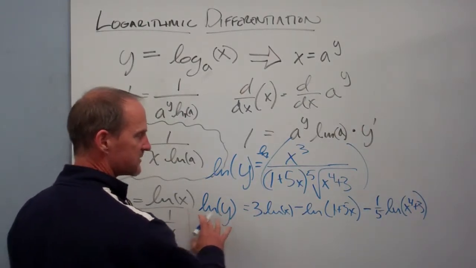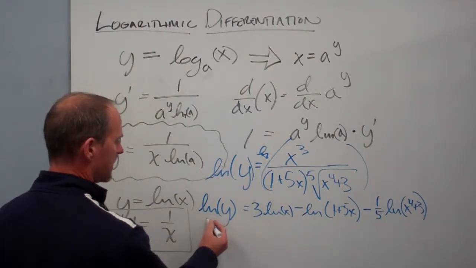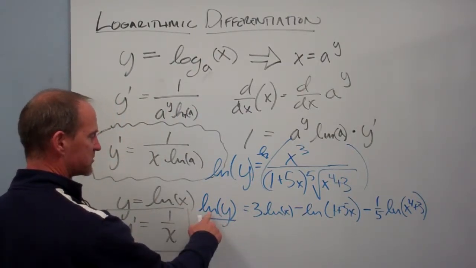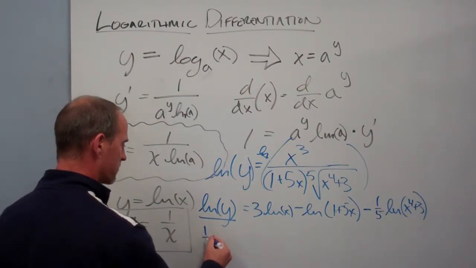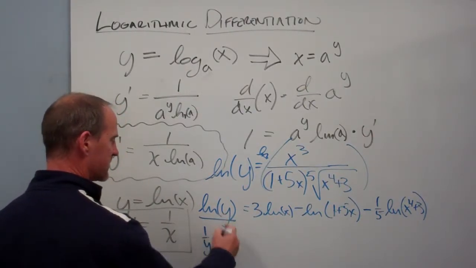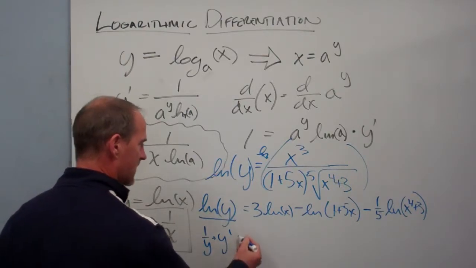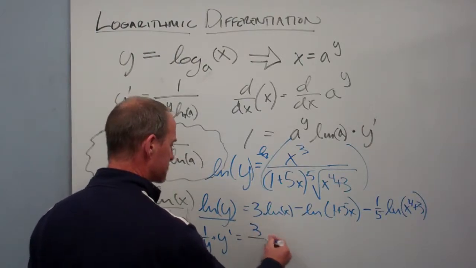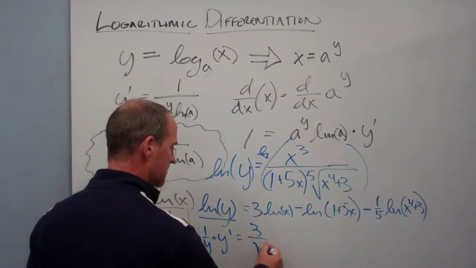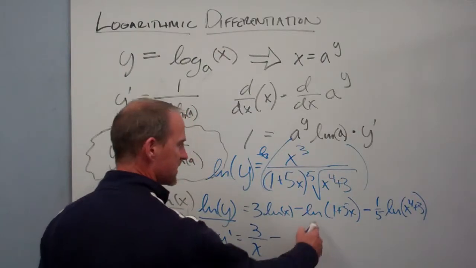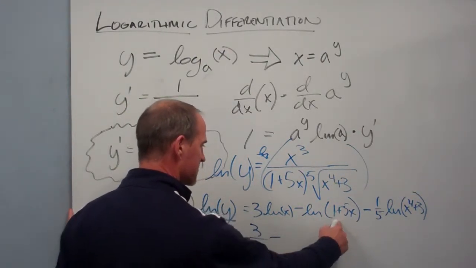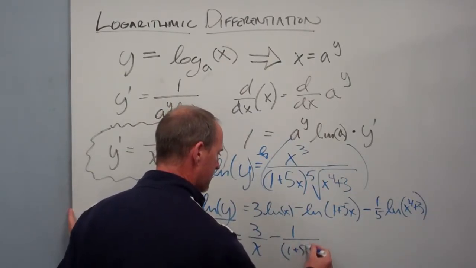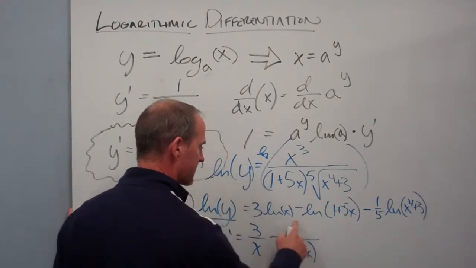Then I can differentiate each side. The derivative of this is chain rule: the derivative of ln of y is 1 over y times the derivative of the inside, y prime. Then this is going to be 3 times the derivative of ln x, which is 1 over x, minus the derivative of this, which is 1 over the inside, times the derivative of the inside, which is 5.